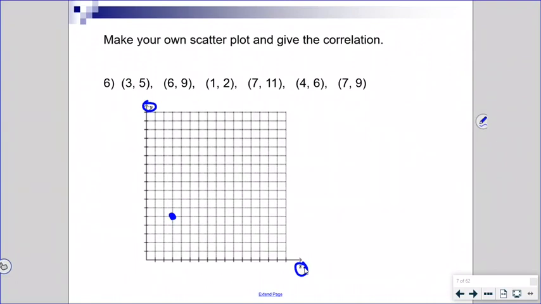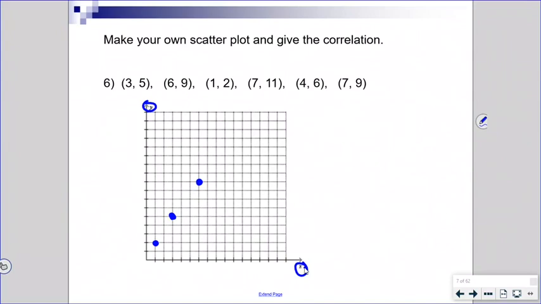6, 9 has you go right 6, up 1, 2, 3, 4, 5, 6, 7, 8, 9. 1, 2 is right here. 7, 11, Mr. Surface's favorite food place.